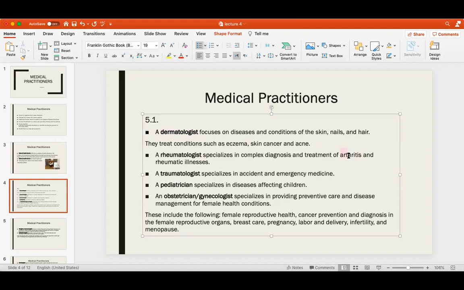If you remember from the first lecture, arthro means joint. Arthro means joint, and itis means inflammation of. So arthritis means inflammation of the joints.